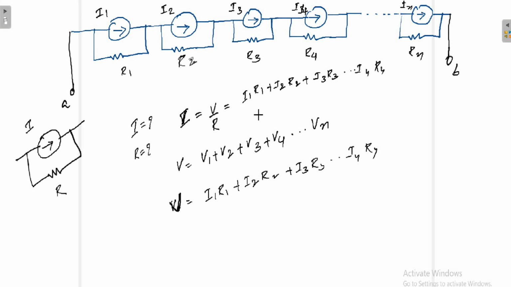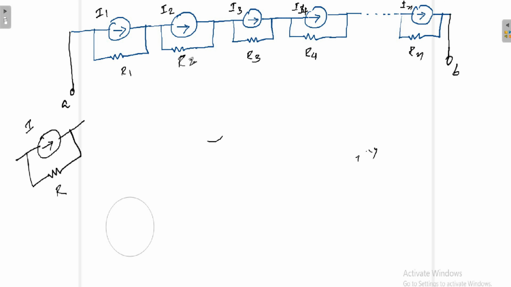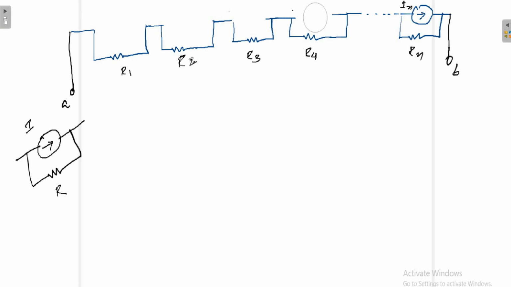R is equal to the equivalent resistance. So how do we get the equivalent resistance? Let us see that also. To find the equivalent resistance for current sources, we need to open the current source. If I open the current source, then all these resistors are in series.